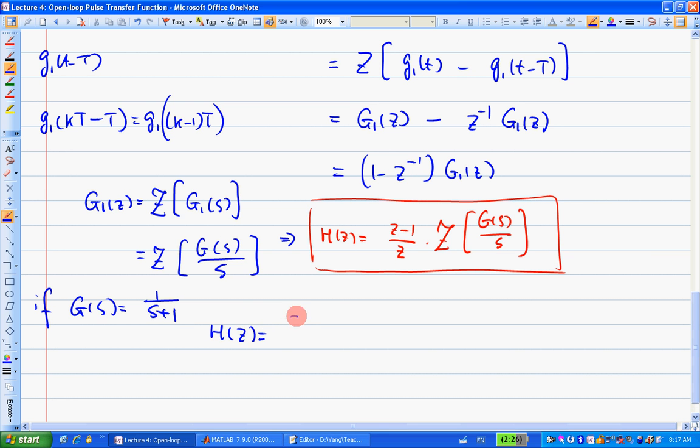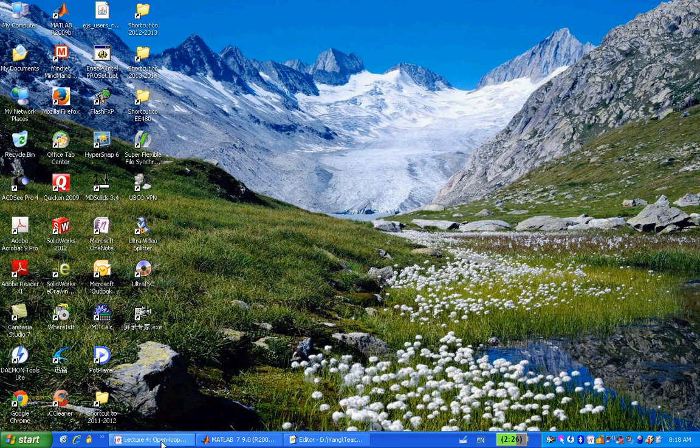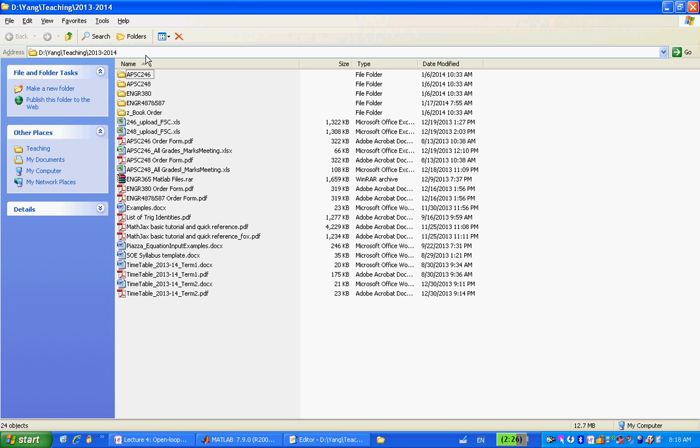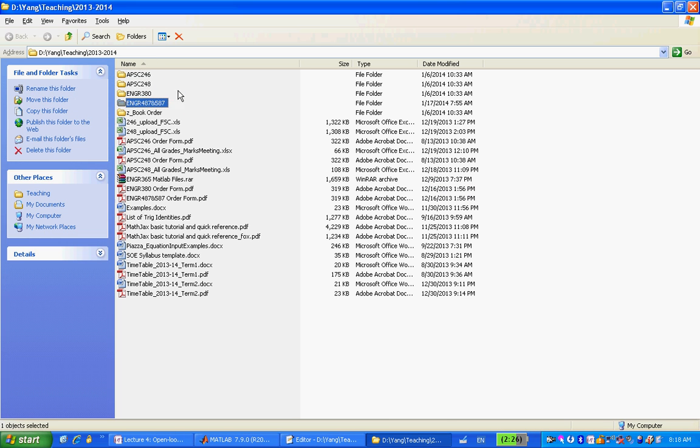H of Z will be (Z minus 1) over Z, times the Z transform of 1 over S(S plus 1). So it's the Z transform of this one here. I'm not going to do it, but let's look at your Z transform table, to see if you have a similar one there.